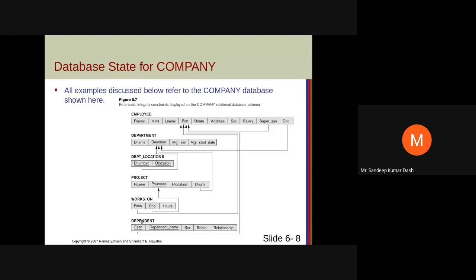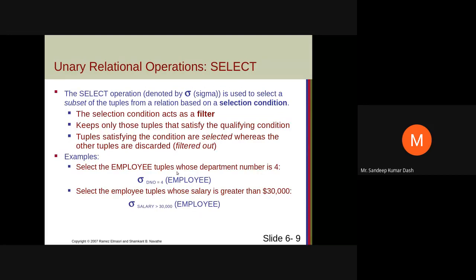The examples should be based on this particular schema. Under unary operation, the first one was select. The select operation, denoted by sigma, is to select the tuples, or a subset of tuples, based on a selection condition. So you have to give a selection condition, and based on that the rows will be selected. Like I said, salary greater than 30,000, so only those rows will be selected. The selection condition is called a filter.